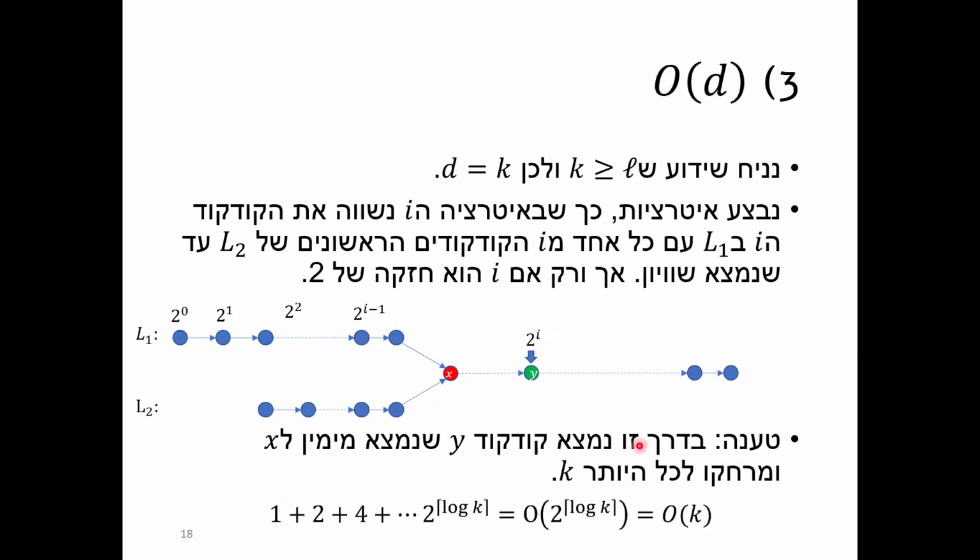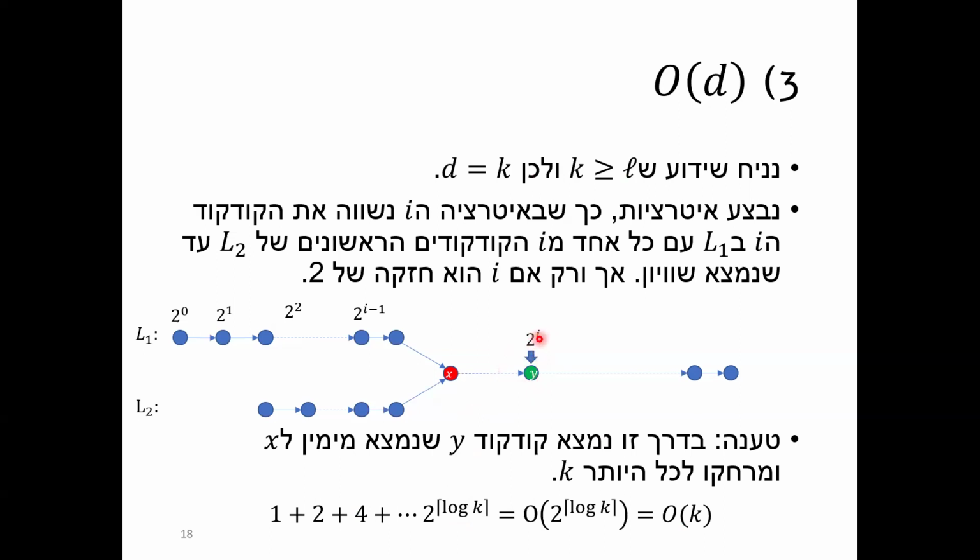So first, a claim is that in this way, we'll find y, which is to the right of x, and its distance to x is at most k, which is the larger one of these. If we just show that here, it's 1 plus 2 plus 4 plus up to 2 to the power of log k, rounded up. That's 2 to the power of i.